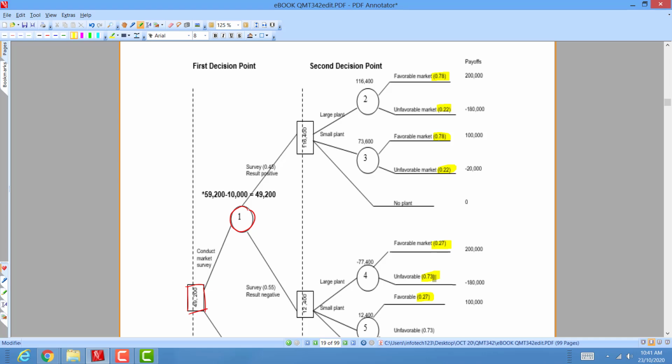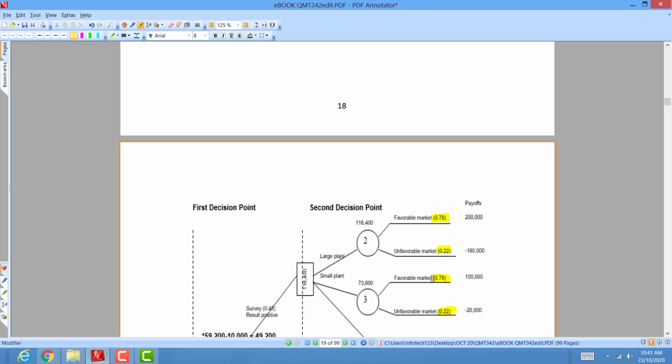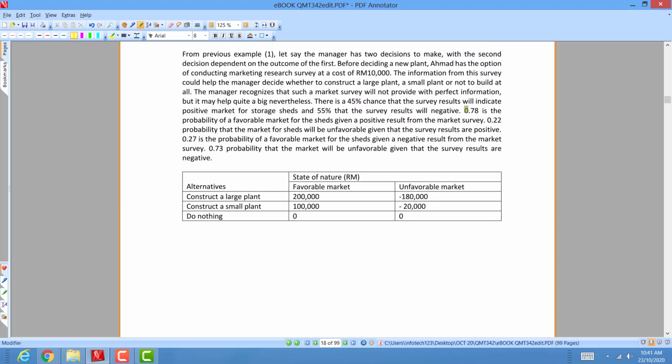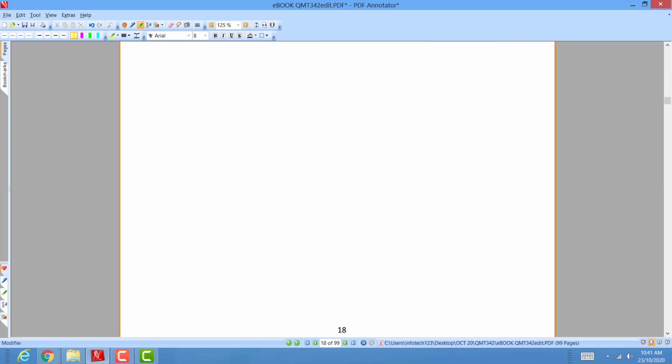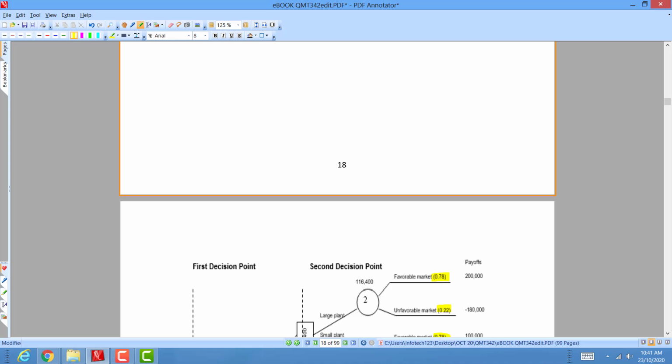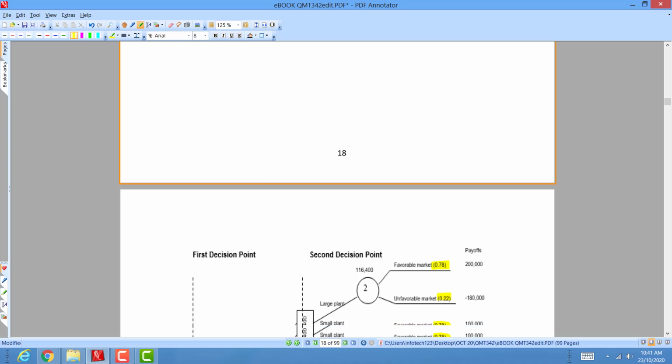The first one indicates 0.78. I will show you how to get the probability. 0.78 is the probability of a favorable market given positive. Given positive, you go to the positive branch and it states the favorable market.